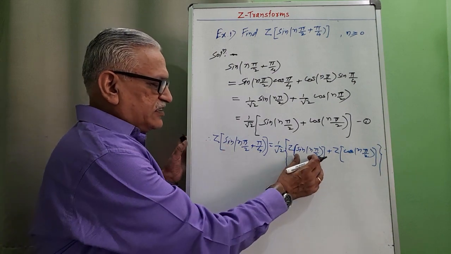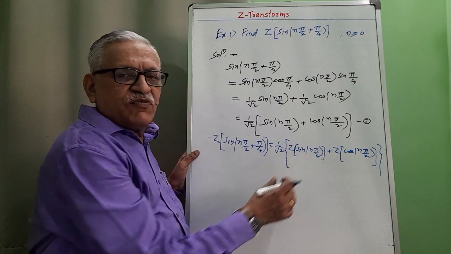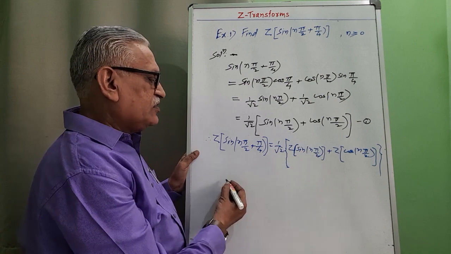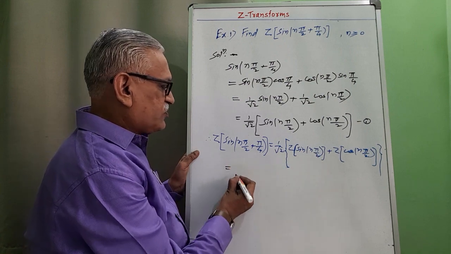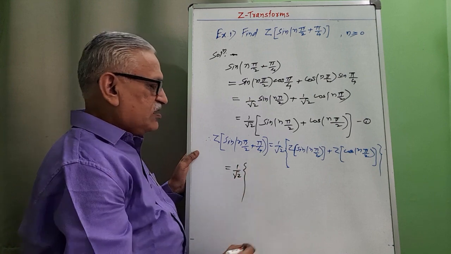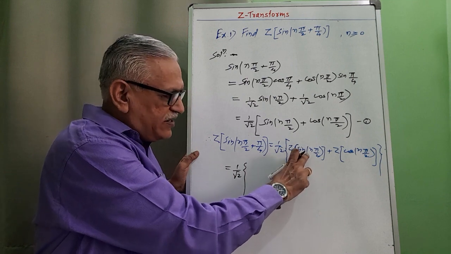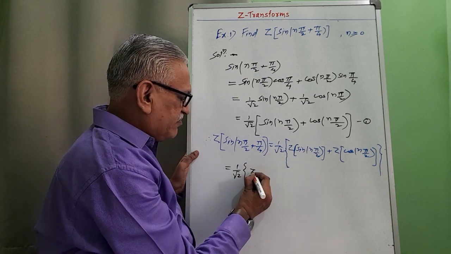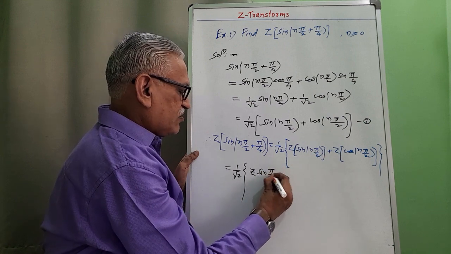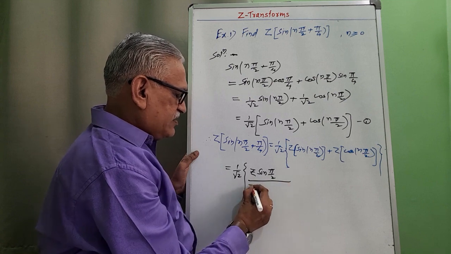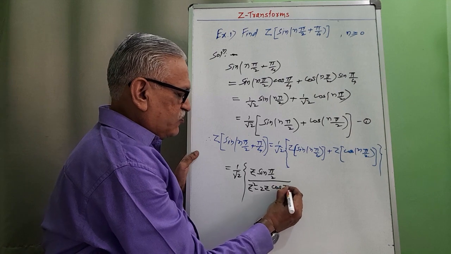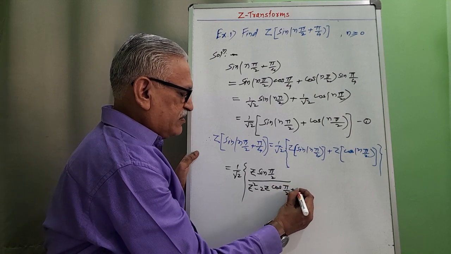Applying the standard result, I have just discussed this result for Z of sin ωn. Here ω is π/2. Therefore, it is equal to 1/√2 as it is, no change. Z transform of sin ωn is Z sin ω, ω is here π/2, divided by Z² minus 2Z cos ω, ω is here π/2, plus 1.